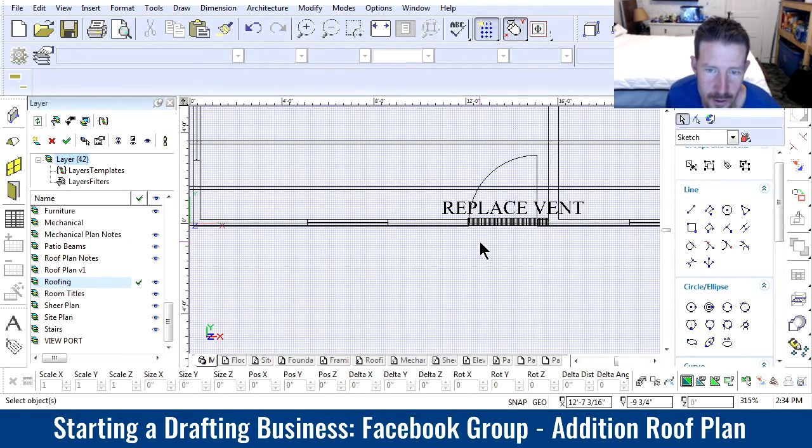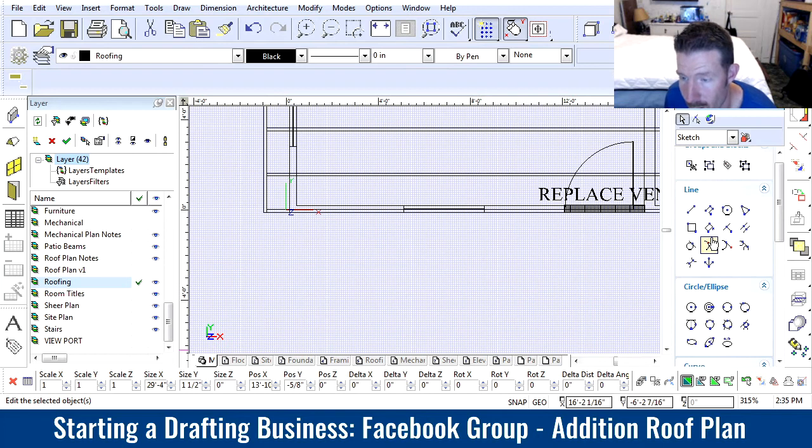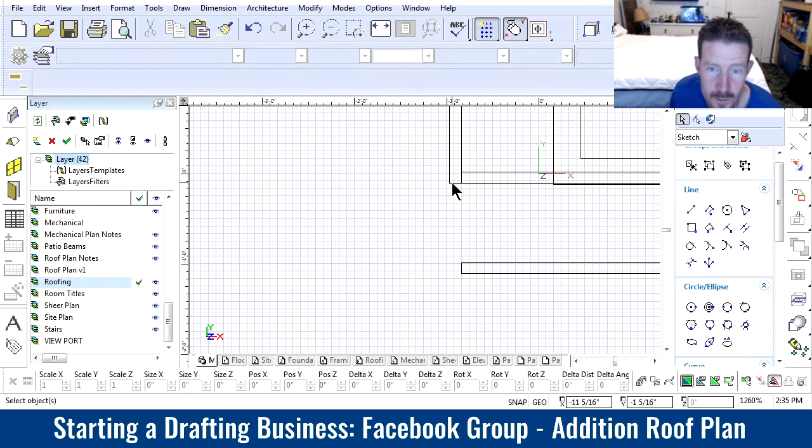Alright. Now notice I didn't draw the eave on the front. At least I noticed. It's driving me crazy. I can't just leave it. There we go. Put this fascia back.